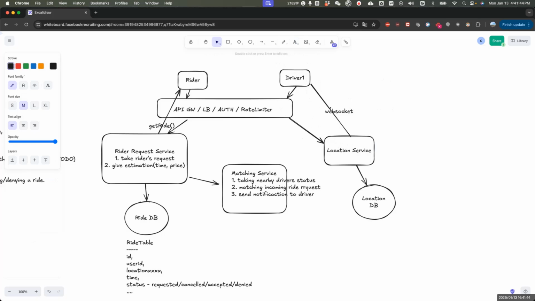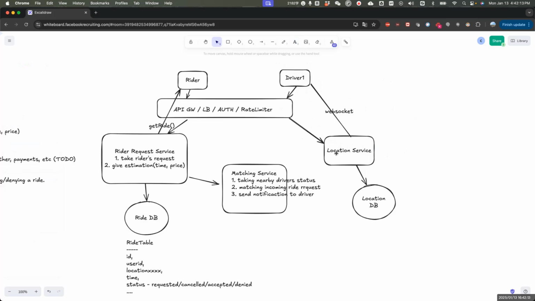WebSocket allows drivers and the location service to have bi-directional communication with each other, without sending headers like an HTTP request. So it will guarantee that it's very fast and low latency whenever the driver is reporting its location.